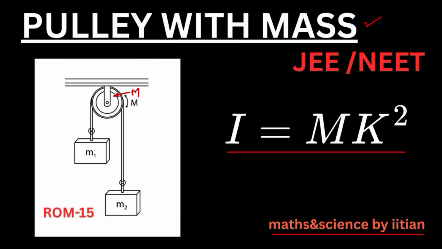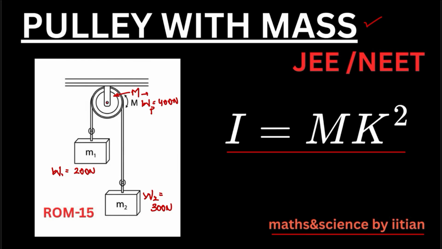Due to this mass, weight W1 is equal to 200 newtons, and here W2 is equal to 300 newtons, and the weight of the pulley is equal to 400 newtons. We have not taken the mass of the rope into consideration as of now.